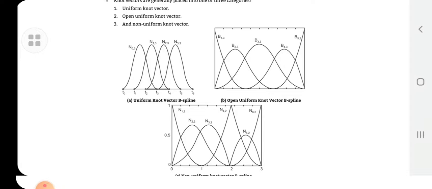After that, the open uniform knot vector is also the same, but with some difference, because some of the points are taken at the upside and at the last points, and this is called the open uniform knot vector. Then the non-uniform knot vector is in figure number 3.